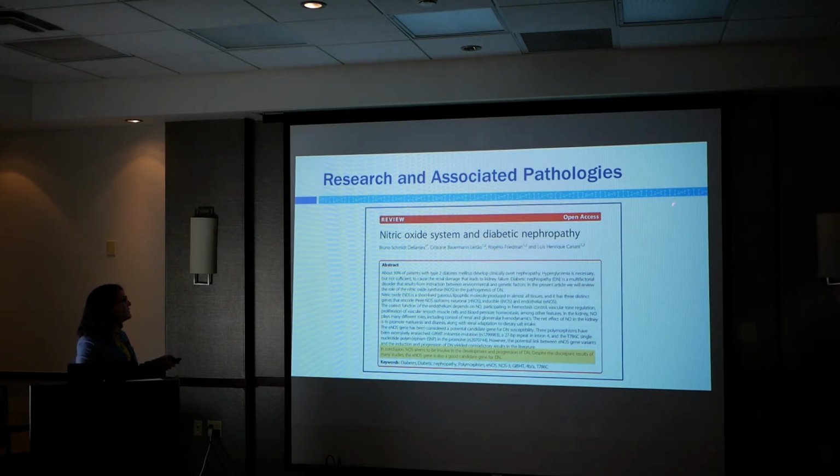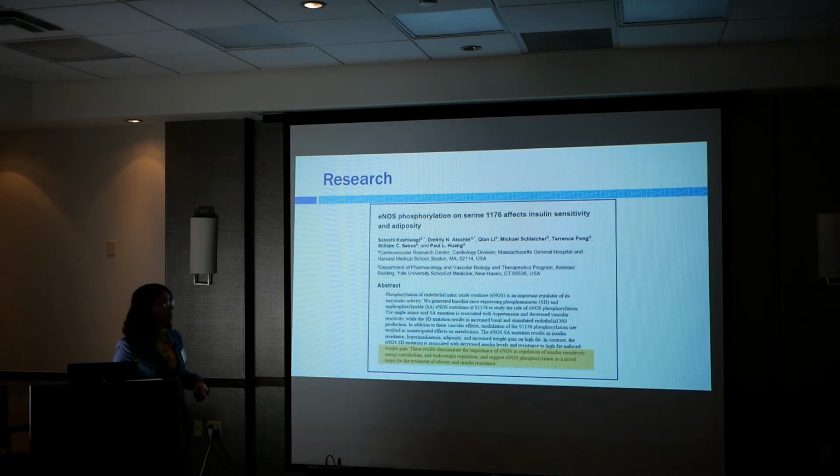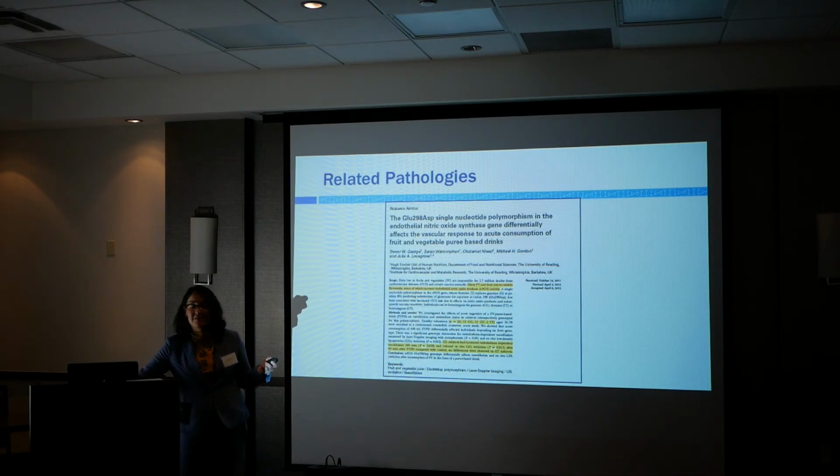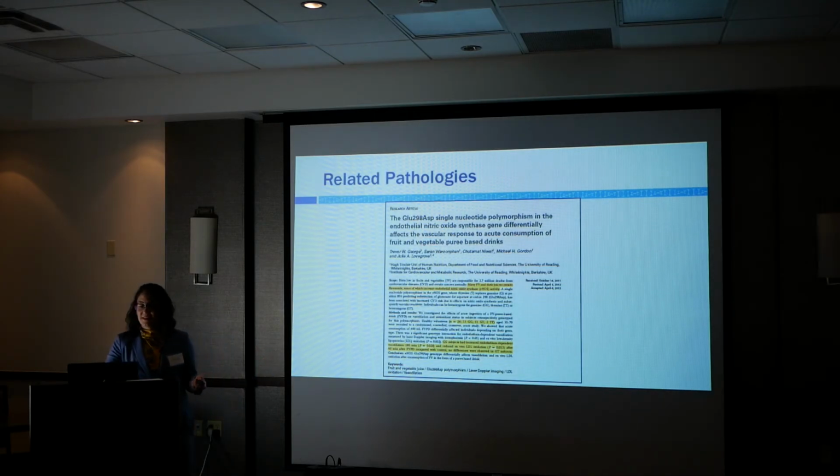So some of the research on nitric oxide synthase and NOS polymorphisms is a relationship to an increase in the progression of diabetic neuropathy, or nephropathy, excuse me. Then we see insulin sensitivity and adiposity being affected by nitric oxide synthase polymorphisms.